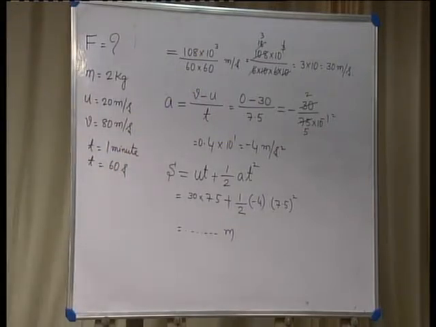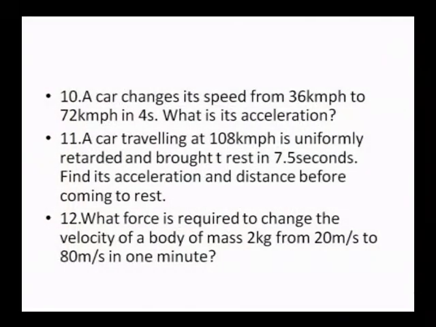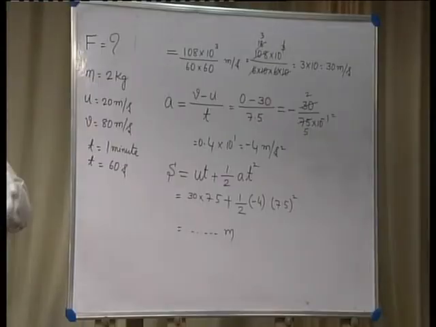First try to understand the problem. What force is required to change the velocity of a body whose mass is 2 kg from 20 meter per second to 80 meter per second in 1 minute? There is a body of mass 2 kg which is under motion, and initially it has a velocity of 20 meter per second.